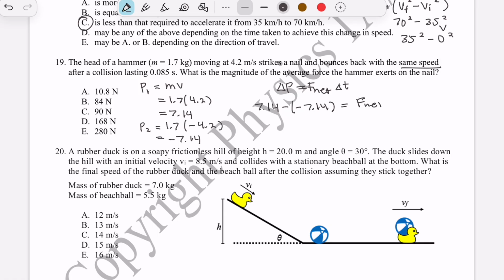Then F net, and T is 0.085, and the net force is 168 newtons. And honestly, I just disregarded the sign here because all our values here are positive anyways. So it's option D.